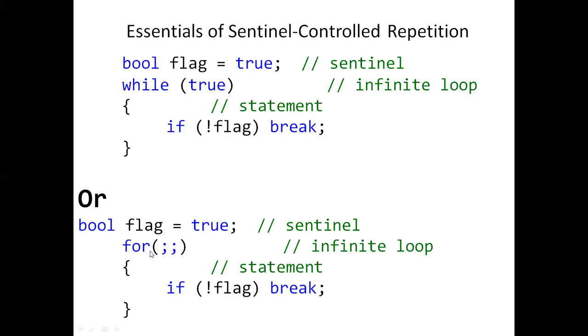Another is for, which is also an infinite loop. If you don't write any statement in the for, it is definitely an infinite loop. While the flag is true, it doesn't break. For example, when you run this program, another program with multi-thread can change this flag to false, and then you are able to terminate this loop.